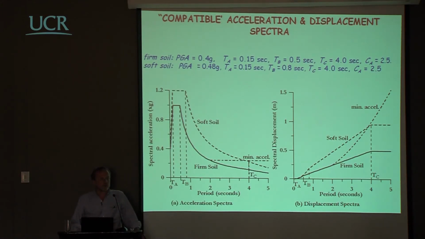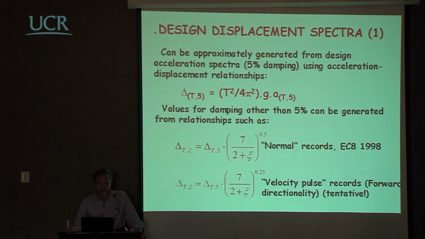Now the question is, should we do this or should we do something better? Well, if you follow this approach, the general equation is here. So this is very trivial. It's just the displacement that we obtain as a function of acceleration. And if we do that, we could then try to correct the displacement spectra with some displacement reduction factor, which is similar to a force reduction factor, which is a function of ductility.